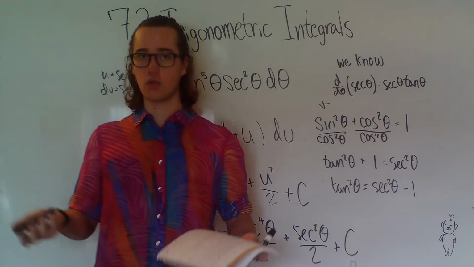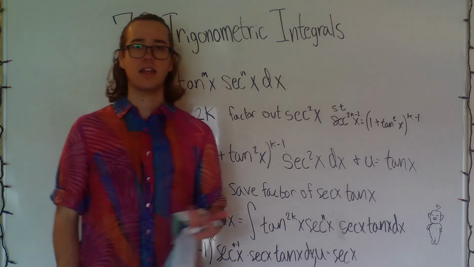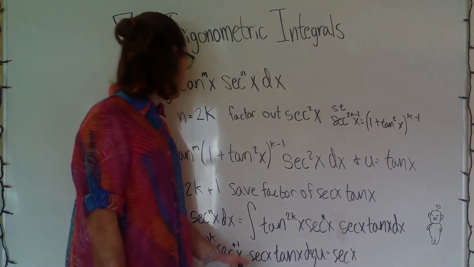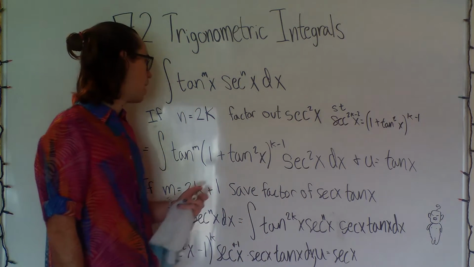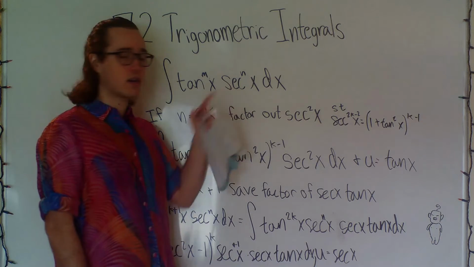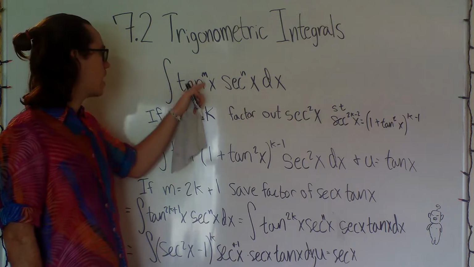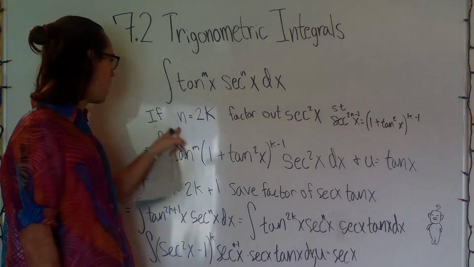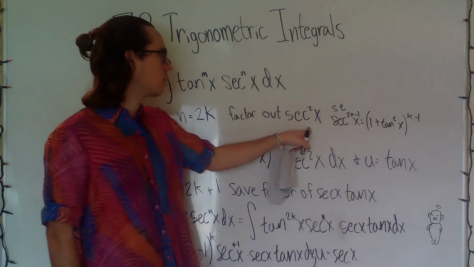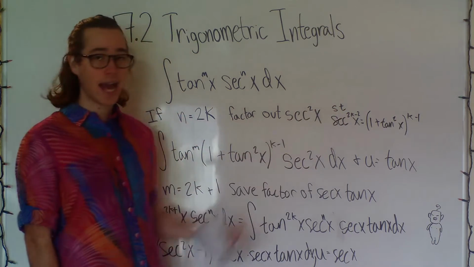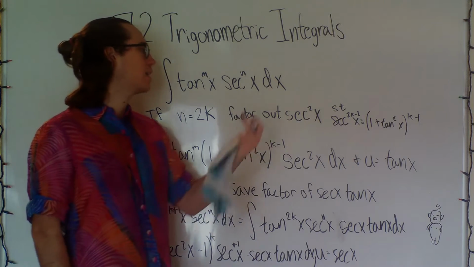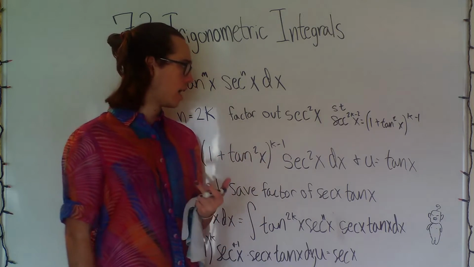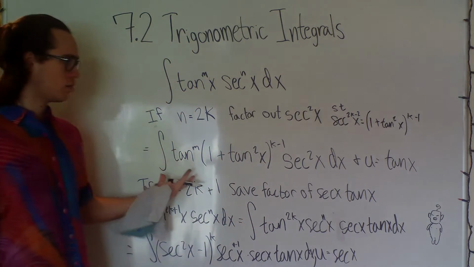So let's jump into the rules. Into our rules, we have two rules similar to our sines and cosines. Here, if n is equal to 2k, i.e. we are looking at our secant, if we have the integral of tan to the mx times secant to the nx dx, if n equals 2k, factor out a secant squared such that secant to the n minus 2 x now equals 1 plus tan squared x to the k minus 1 power, and we can see what that looks like.